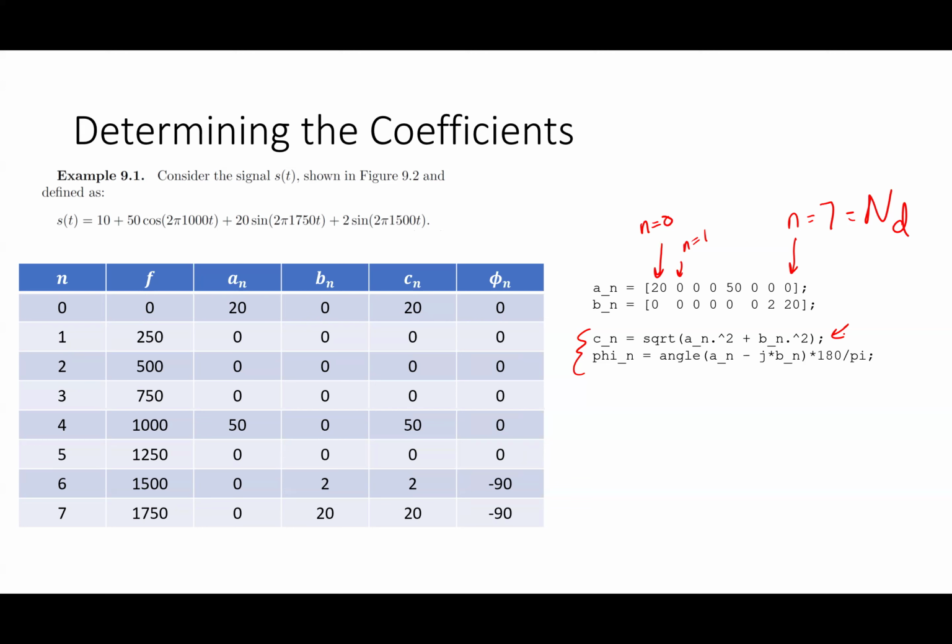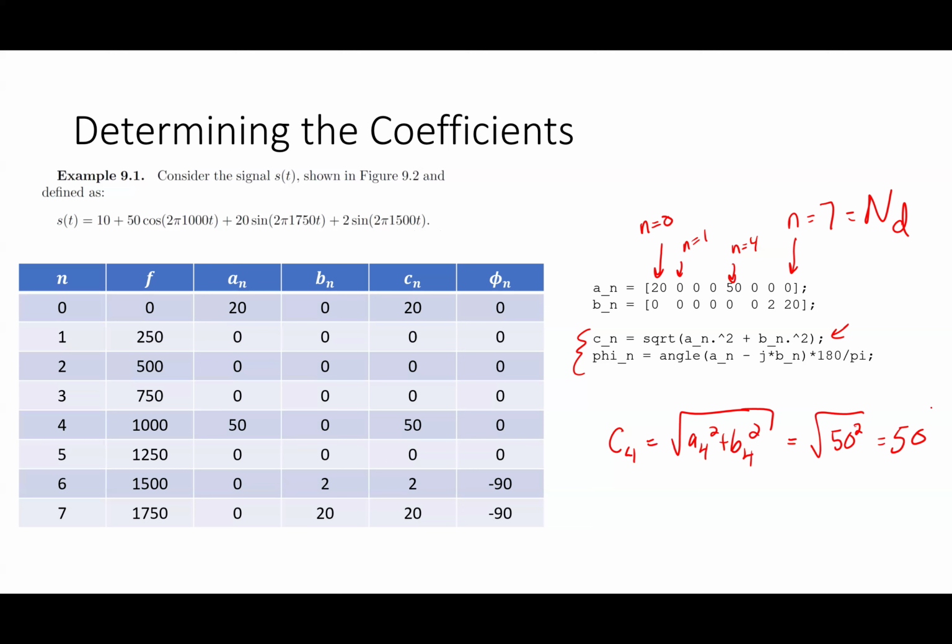So let's go to n equal to 4, which is here. For n equal 4, I could have said C4 is equal to the square root of A4 squared plus B4 squared, which would be the square root of 50 squared, or 50. But I didn't.